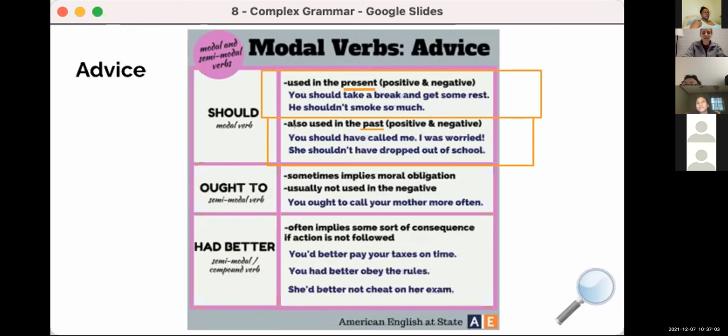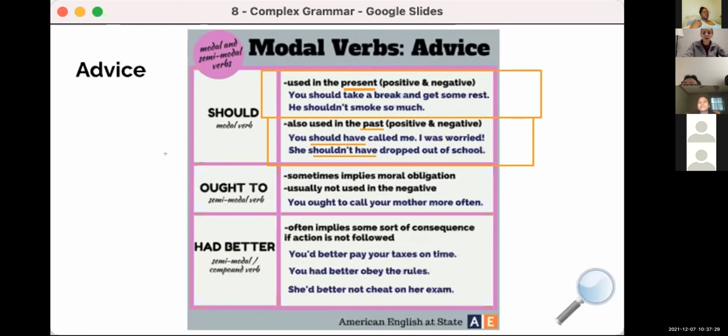But to give this past advice, we actually use should have and shouldn't have. We're not really going to practice with should have and shouldn't have today, but that's another way to use this modal to express that advice that didn't happen but should have happened.